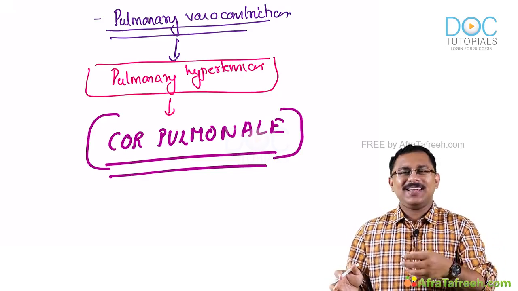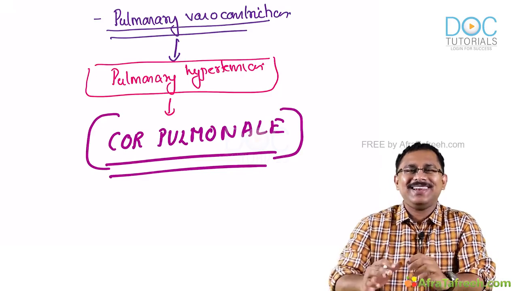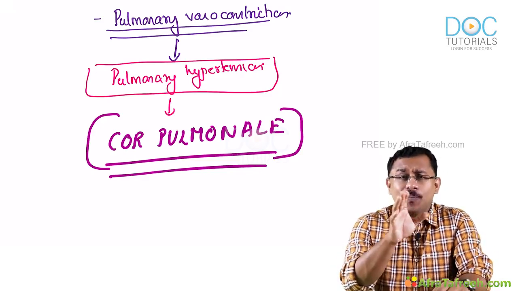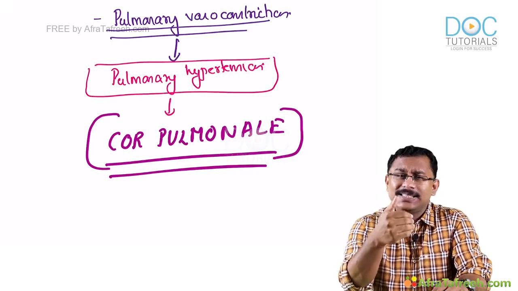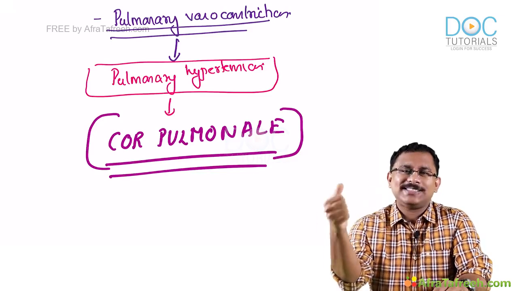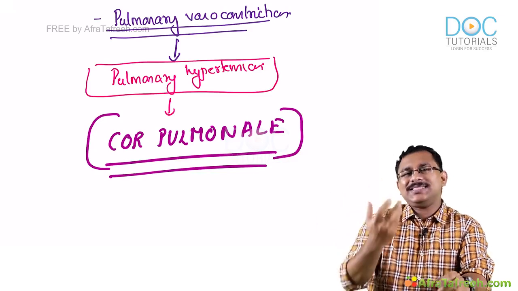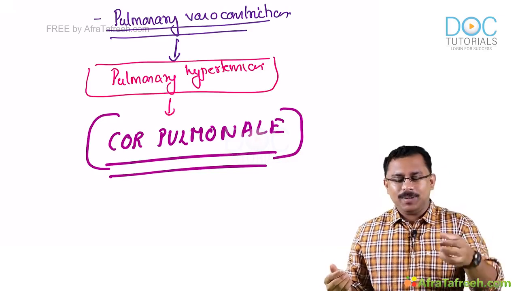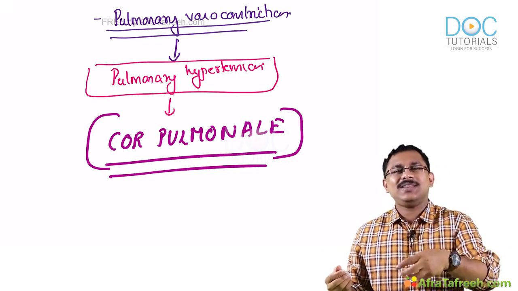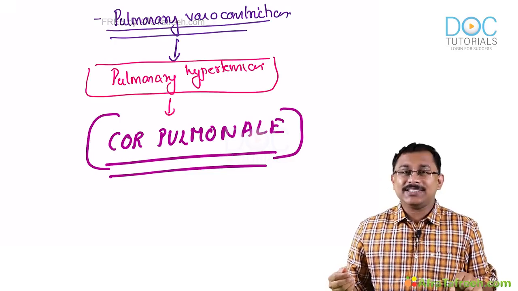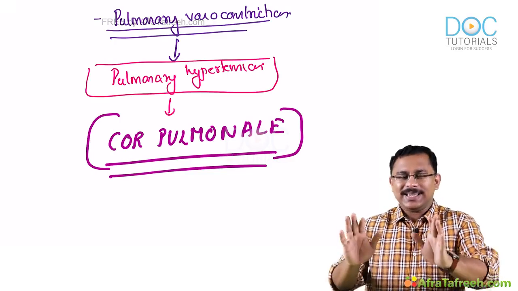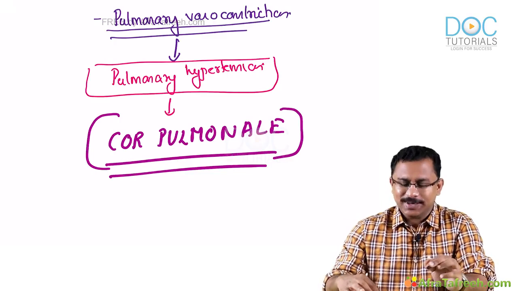You've got a pulmonary hypertension, you've got a cor pulmonale. Which means that COPD or your emphysema is a disease that will gradually progress. Not only is it affecting the lung parenchyma, it has its effect on the vasculature as well. Very clear up to this much.